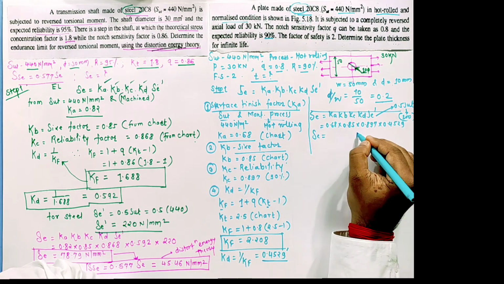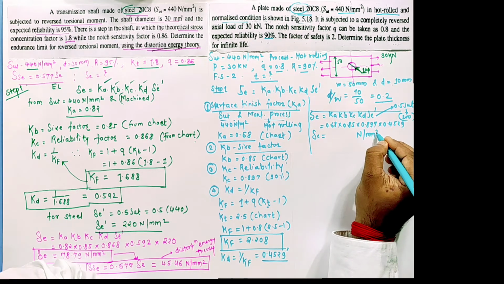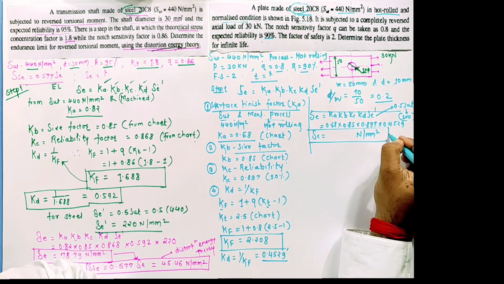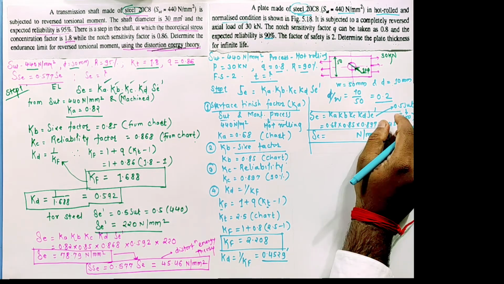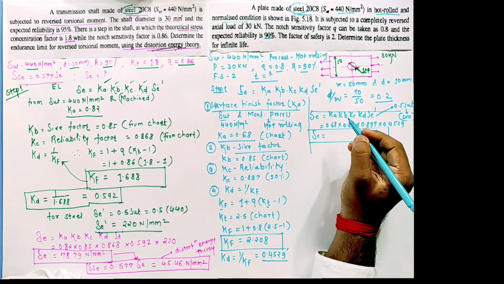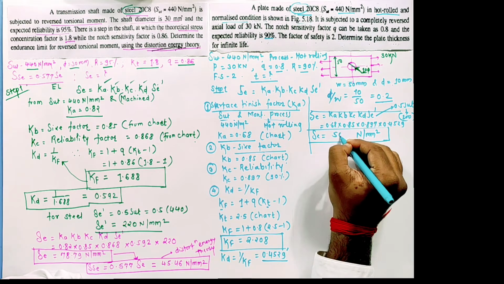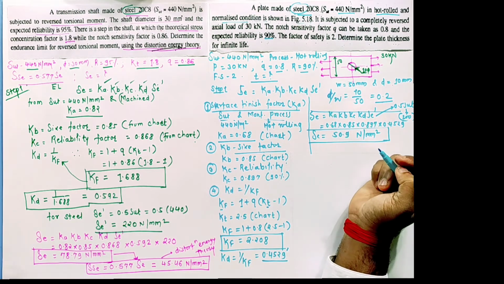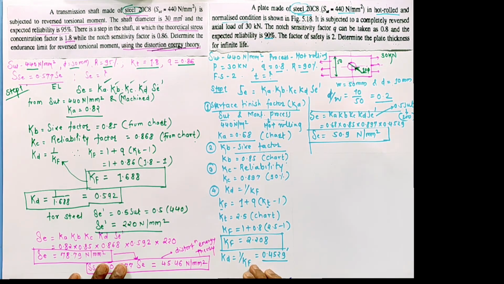Therefore we will get the endurance limit for the given structure, Se is 50.9. So this will be the structure.